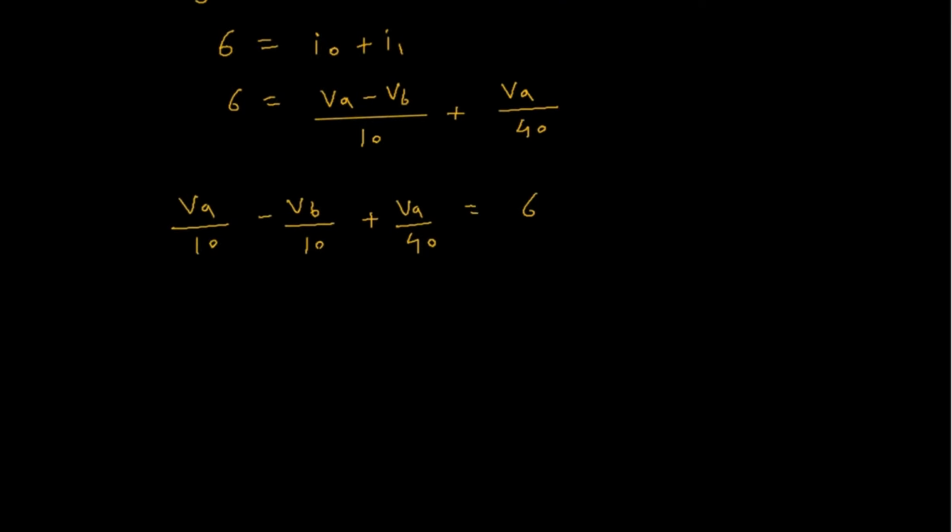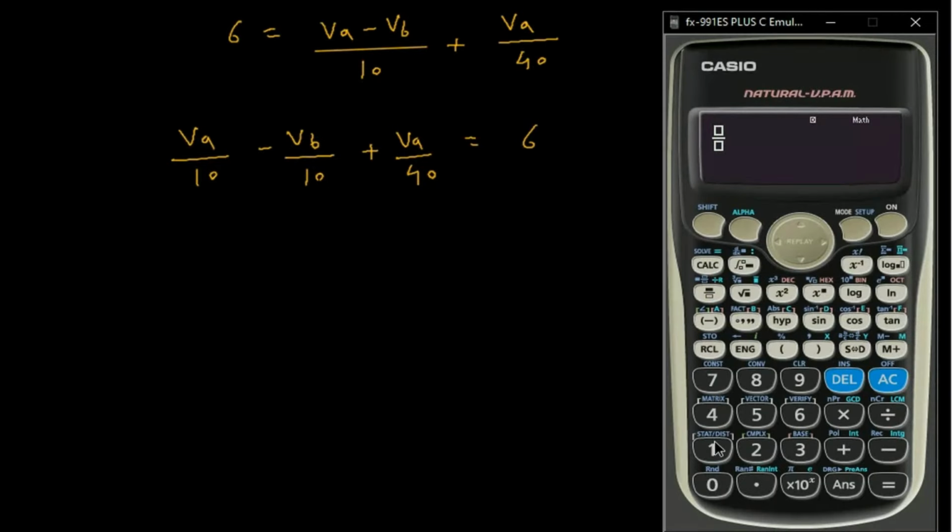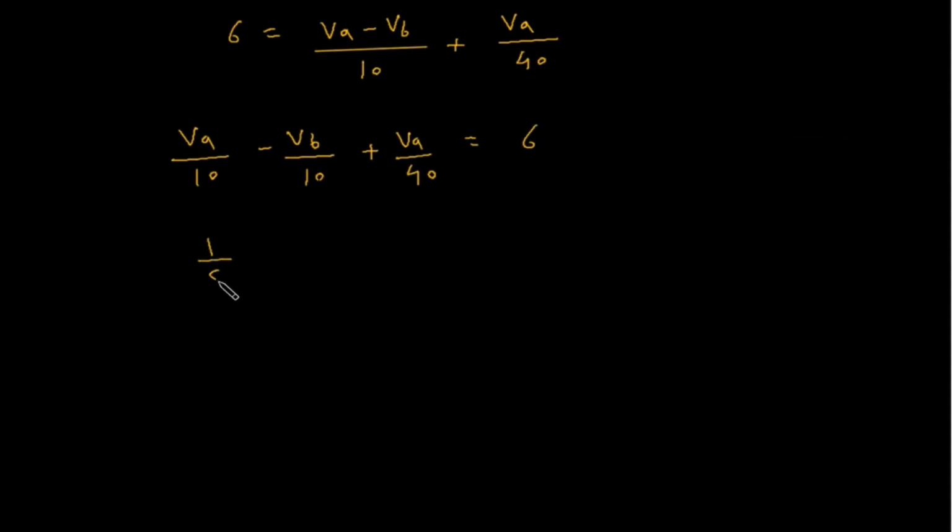So this will be 1 by 10 plus 1 by 40, which is 1 by 8 VA minus 1 by 10 VB is equal to 6. Let's say this is equation number 1.